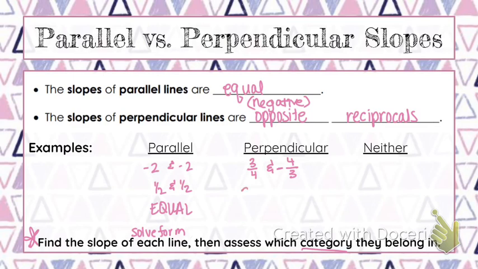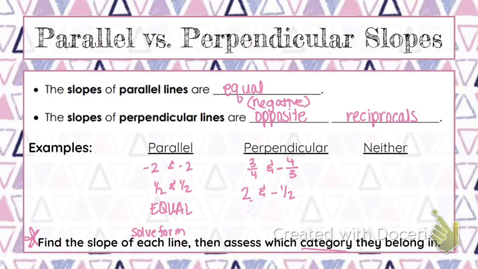So if you have the number 2, then the opposite reciprocal of that, so if you're going to flip the fraction, 2 is over an invisible 1. Any whole number is over an invisible 1. So when we flip that, it gives us 1/2. And this started out as a +2, so this has to be a -1/2.